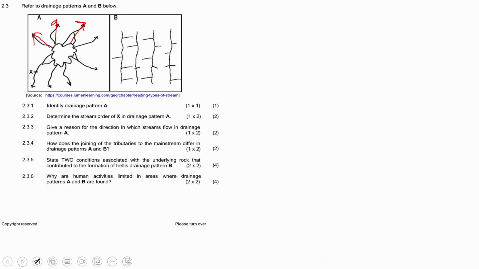We even said some learners actually add an ED and have a trellised pattern. So let's see what the question looks like. 2.3.1, identify drainage pattern A. We're good to go. That is a radial pattern. I will attach the marking guideline so that you see what we're looking for and how we mark.